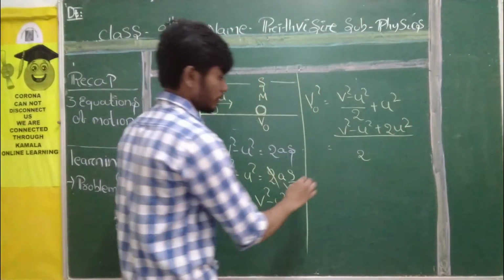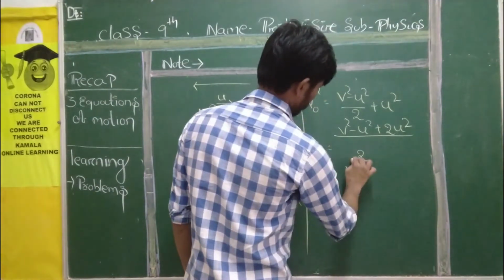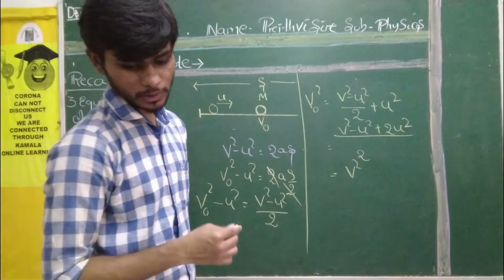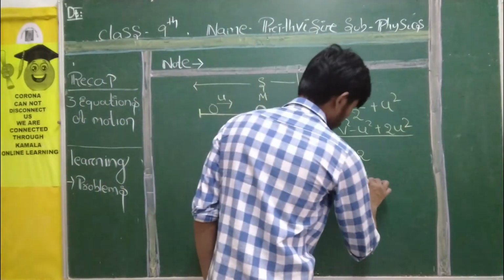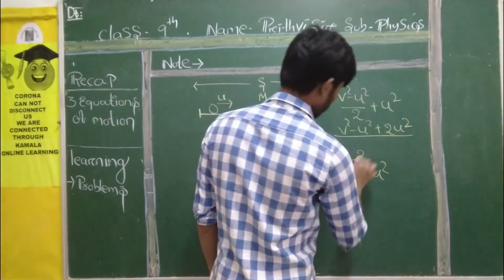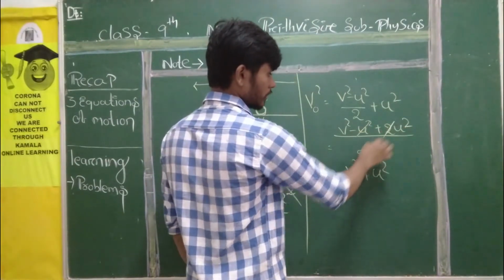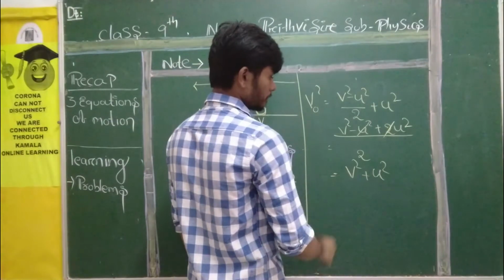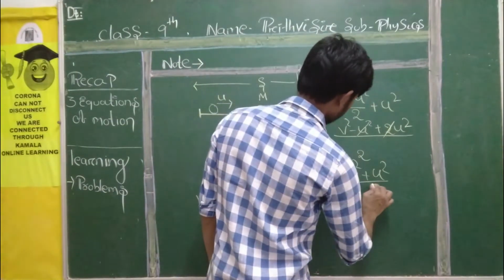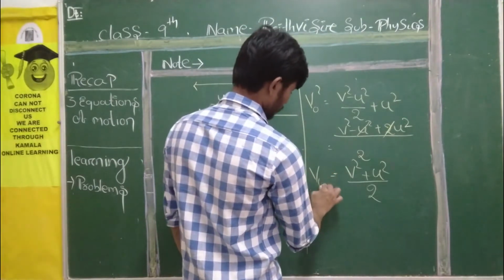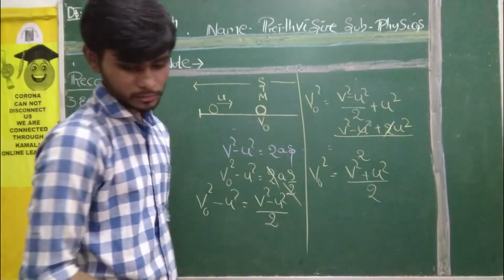Now the answer is v square plus u square, because this will cancel, over 2, is equal to v0 square.